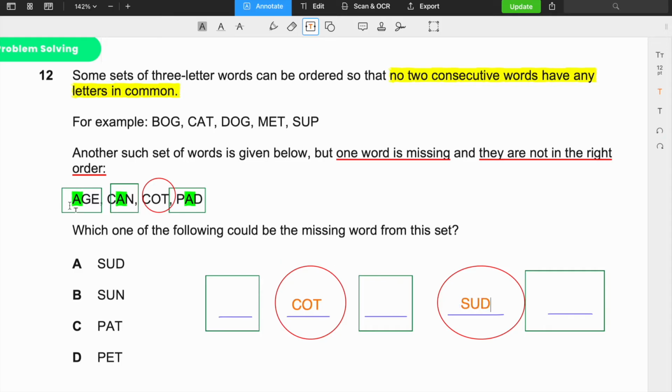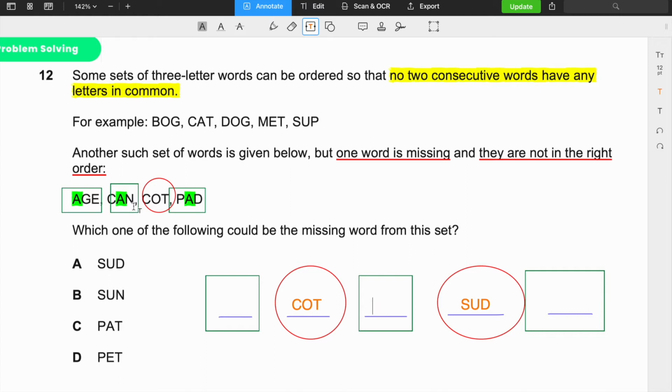Now, is it possible to position the other words around cot and sud so that we follow this rule? Okay, so age. Where would age go? Age could go next to any of them, to be honest. Actually, let's choose which word would go in the middle, which doesn't share any similarities between cot and sud. So can age go here?